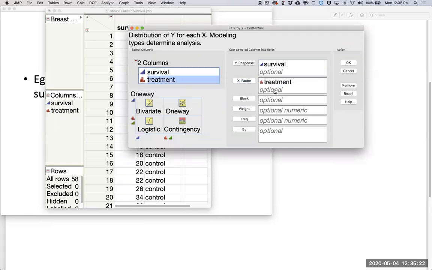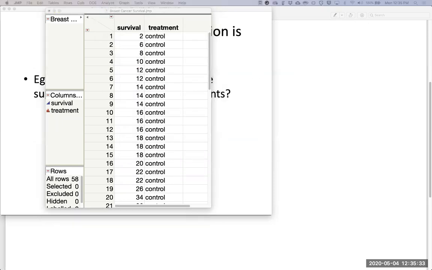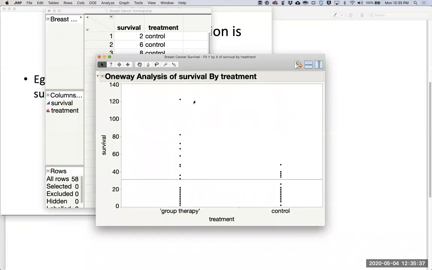The treatment control versus group therapy will possibly impact the length of the average survival time. I click OK. We see the graph opening up, and the graph here suggests that the group therapy group seems to have a larger average than the control group.